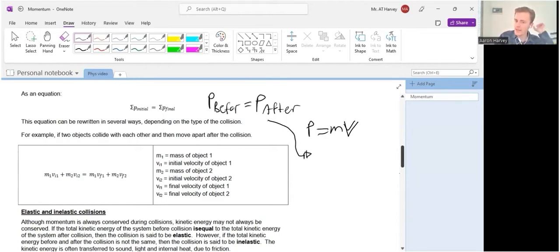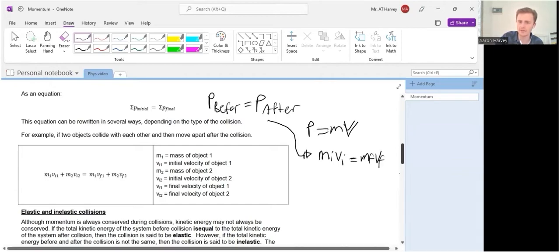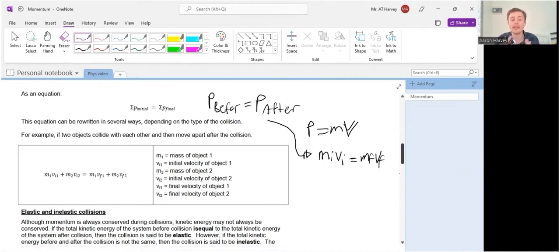We can say that the momentum before will be equal to the mass initial times velocity initial is equal to the mass final times the velocity final. Because this is just writing out our momentum P into its other variables.